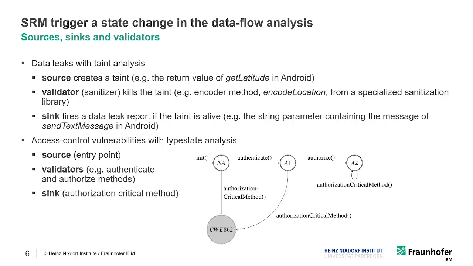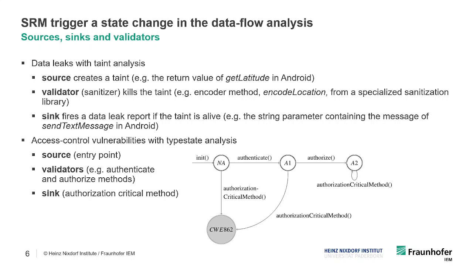So a type-state analysis in this example can define, for example, any entry point in the program as a source. Once we start analyzing the code, we are going to declare that we are in NA state, or we are not authenticated. Validators in this case are methods like authenticate and authorize methods.